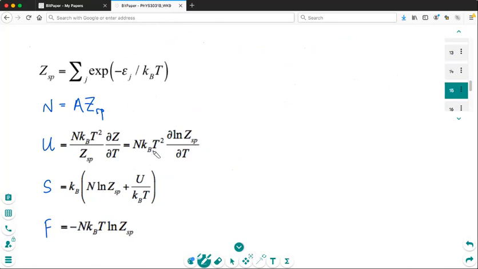Every time you see this single particle partition function, it goes to the log, and there's this n in front. N is a constant, so you can move it inside this partial derivative and raise it to become the exponent. So what have we found? What we found is this result, right?